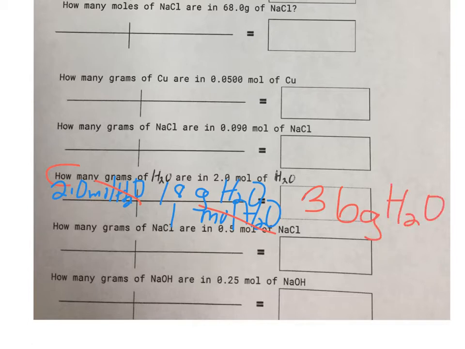When you put grams H2O, do you put a slash after the g, or do you just write it all together? No, it's all together. Here, the moles you canceled out, you see here on the screen?